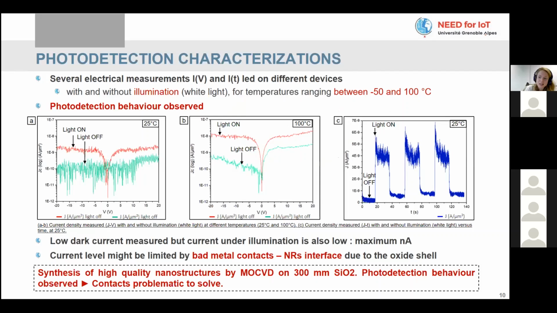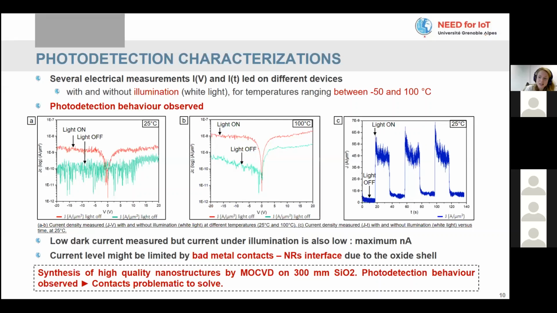We get nice results, but what we have observed is that we have a low dark current, but also a current under illumination that stays low even at high temperature. And our hypothesis is that our current level might be limited by a bad metal contact to nanoribbon interface, probably due to the oxide shell covering the nanoribbon.